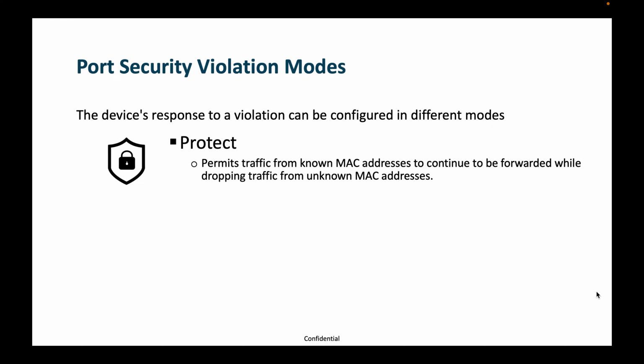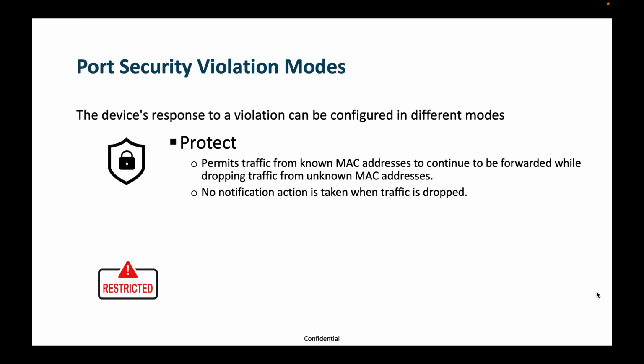This mode permits traffic from known MAC addresses to continue to be forwarded while dropping traffic from unknown MAC addresses when the allowed MAC address limit is reached. When configured in this mode, no notification action is taken even when the traffic is dropped. So when it violates in this mode, there is no notification. It will forward the known MAC addresses and it will drop unknown MAC addresses.